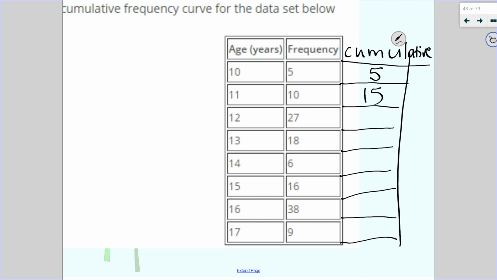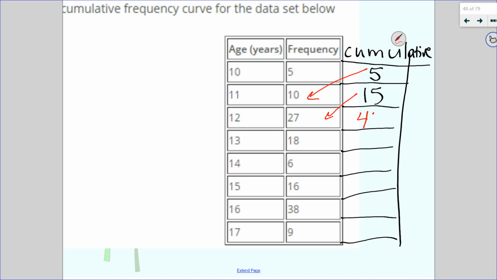15. Good. So to get that number, you take the number you had previously and add it, so we're accumulating the number of students. How many students do we have 12 and under? 42.